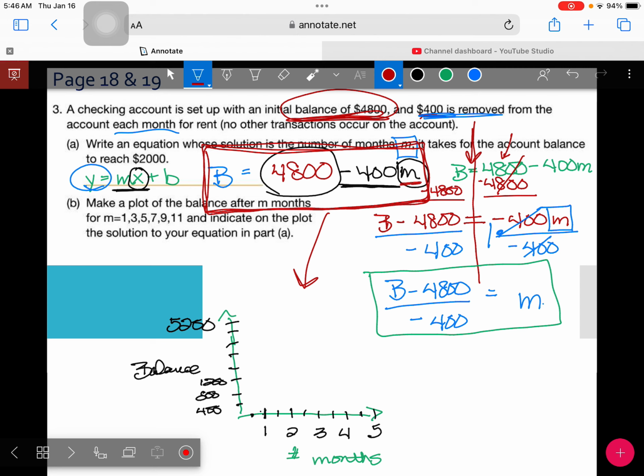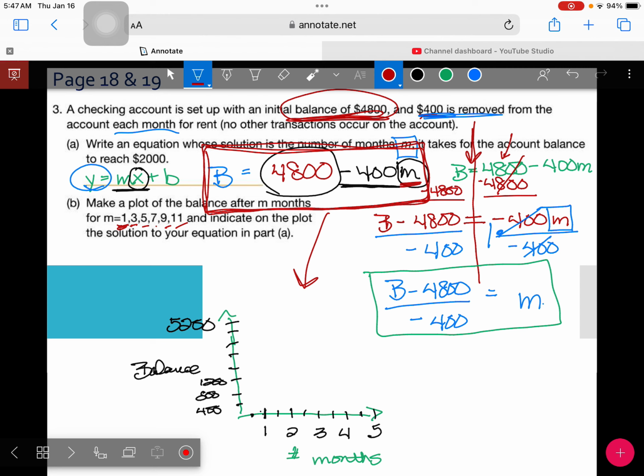So here's your M, your month. You can put in, as it said, month where the month is 1, 3, 5, 7, 9, 11. So you're going to have 1, 2, 3, 4, 5, 6 points on this graph, okay? And I will help you get started with the first one. I would actually use where the month is 0.